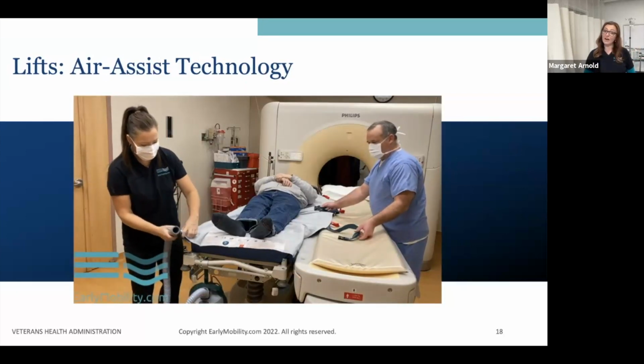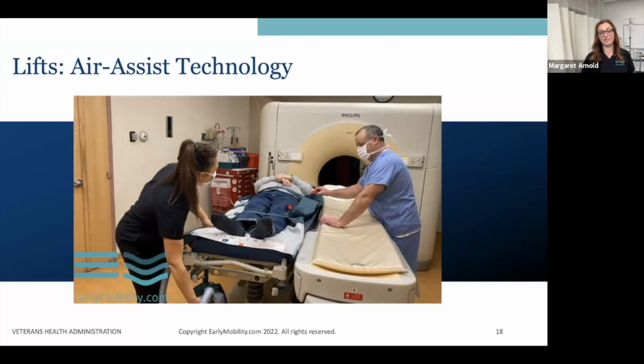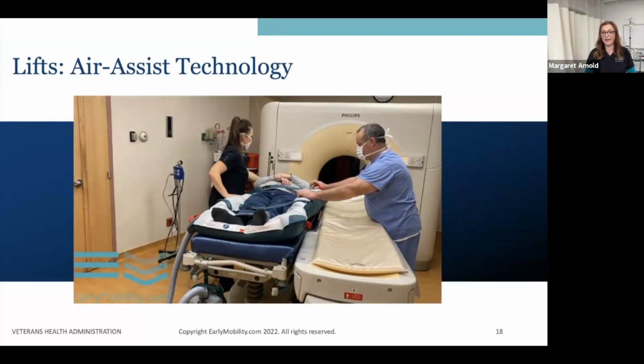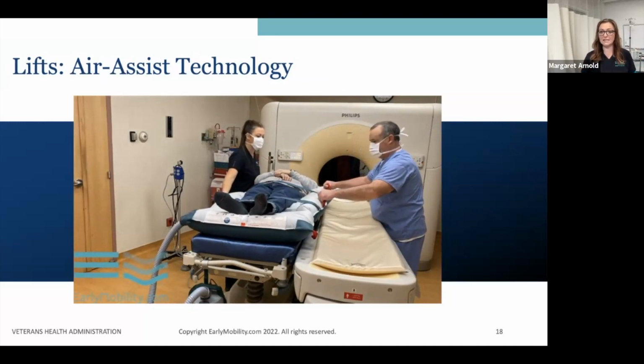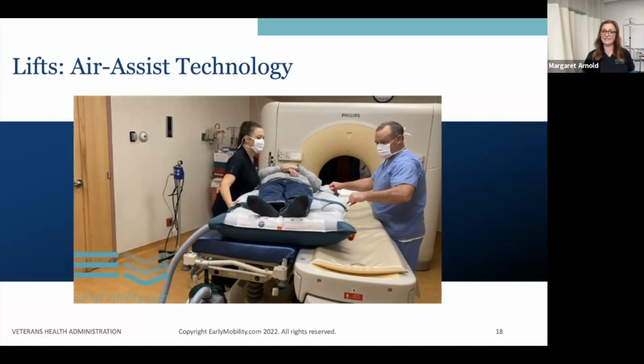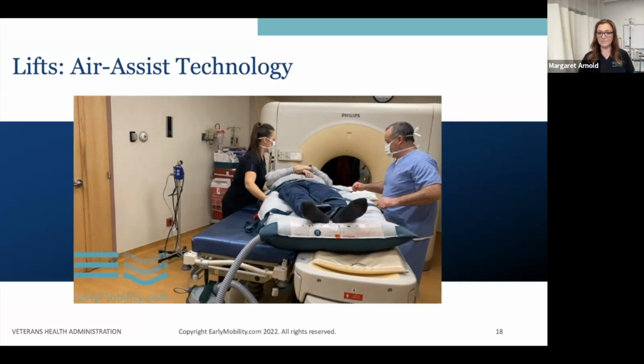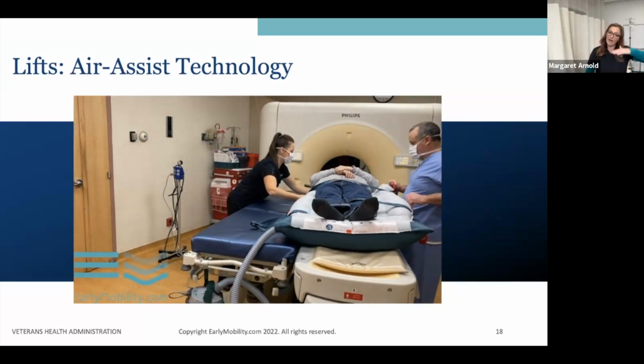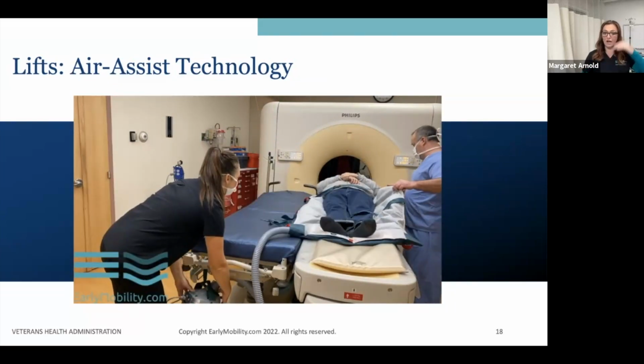Here we will see air assist technology, which is another technology to help you with moving a patient on a horizontal surface. This version is a single patient use mattress, and the blower is blowing air into the mattress and out of thousands of little holes underneath the mattress. This effectively hovers the patient from one surface to the other.